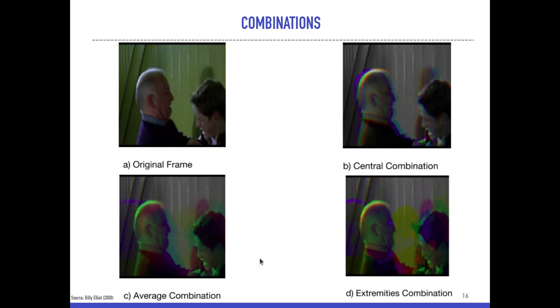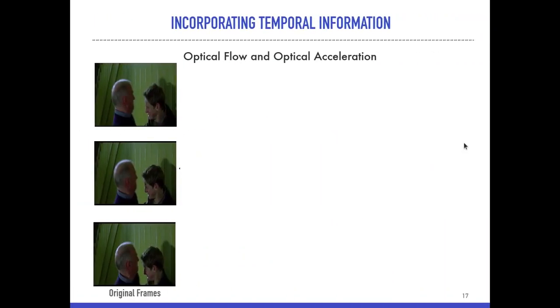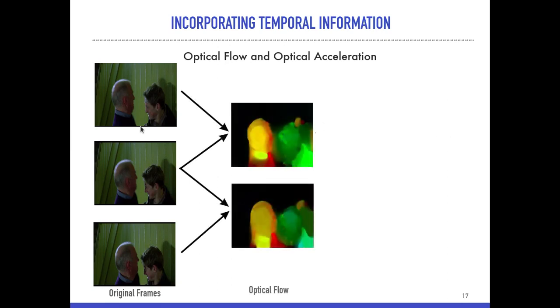But there are other methods that are more consolidated in the literature, such as optical flow. Optical flow uses vector gradients to describe how a pixel of the image moved from one frame to the next. Here we see a representation of the gradients in color with these three frames.